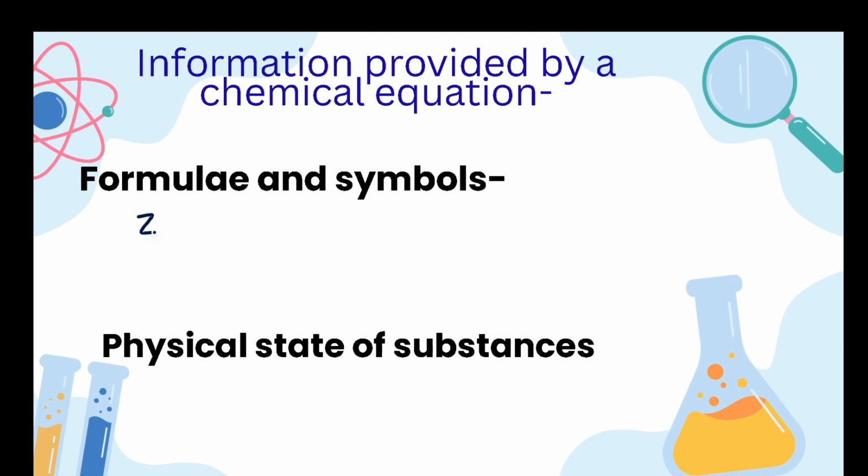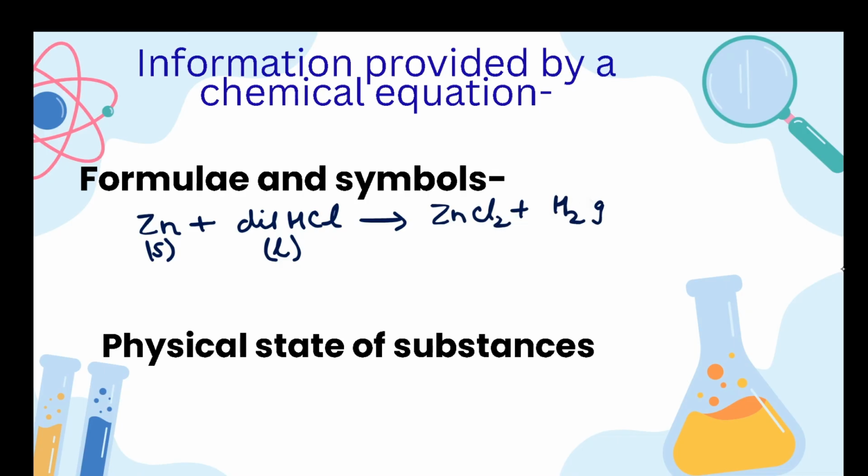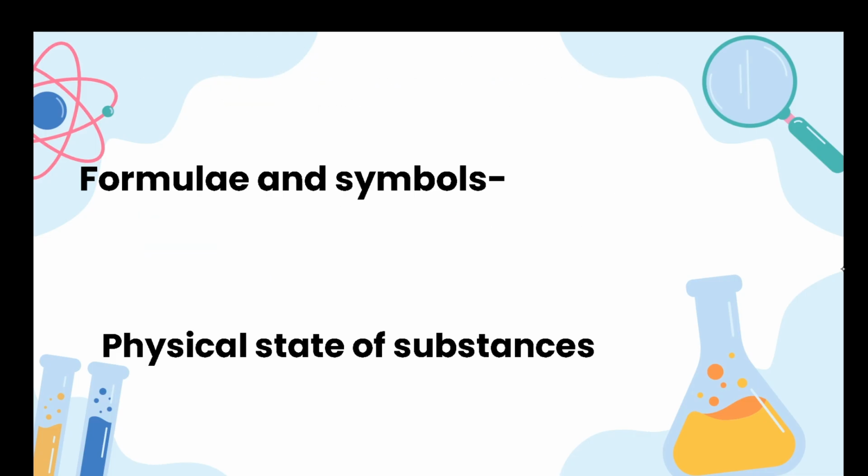For example, in a reaction of zinc with dilute HCl, zinc is present in solid state, dilute HCl is present in liquid state, and the product formed is zinc chloride and hydrogen gas being liberated. The physical state of the reactants and products is mentioned. Hydrogen gas which is formed is present in the gaseous state. So these are certain things which are told when we see a given chemical equation.